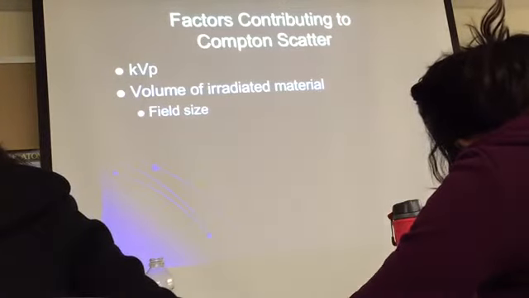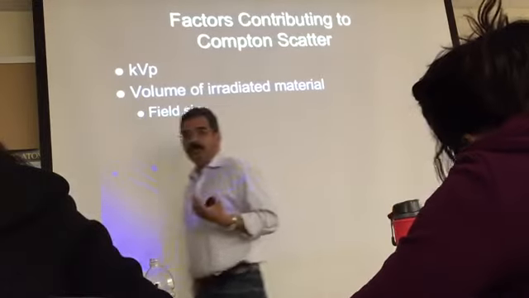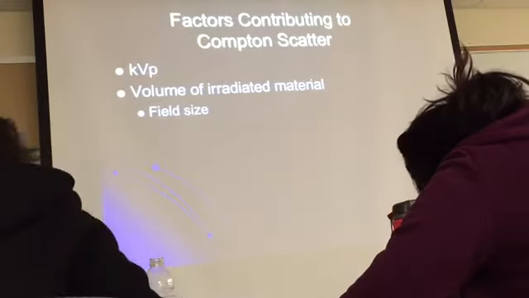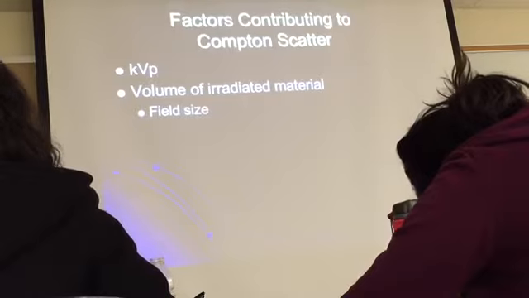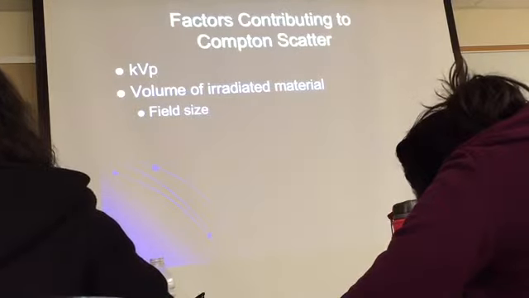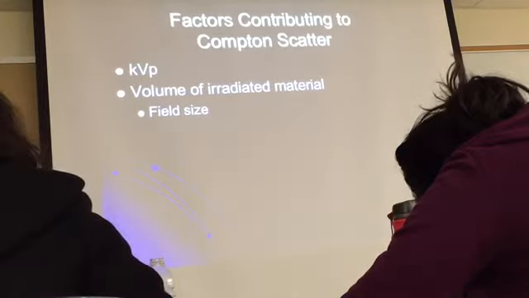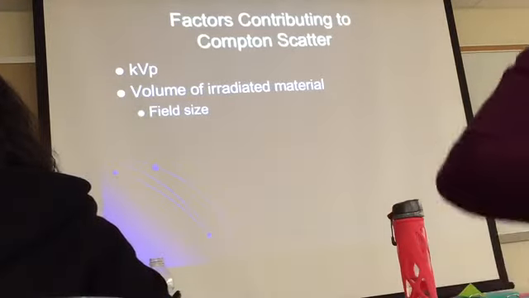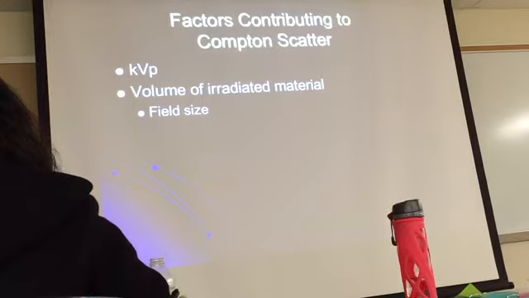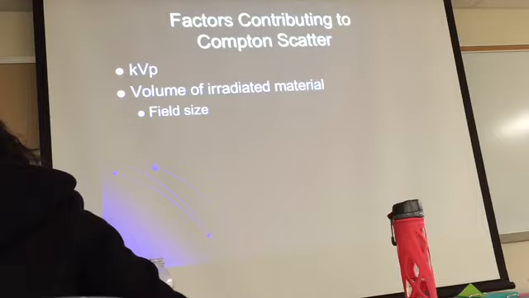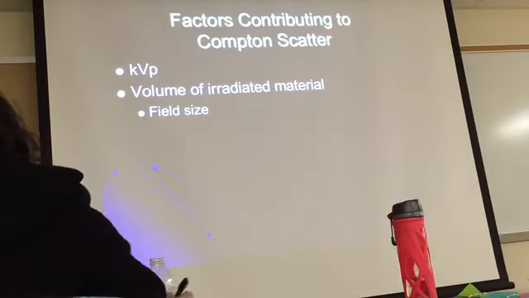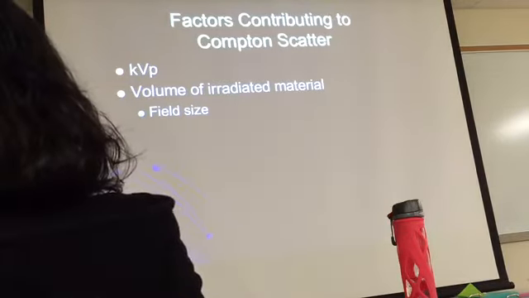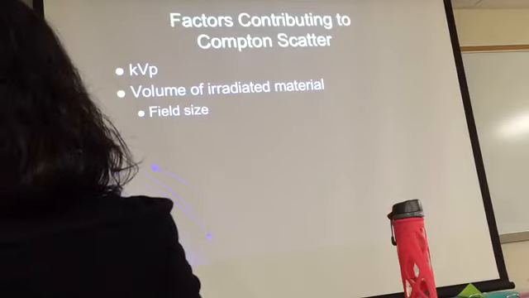You want to make the field as small as medically possible. You don't want to collimate so much that you're removing anatomy that is important or pathology that will be important. Make sense? You want to include just what is necessary. You don't want to cut off important information, but at the same time, you don't want to have other stuff that shouldn't be there because it degrades your image, in addition to exposing the patient.